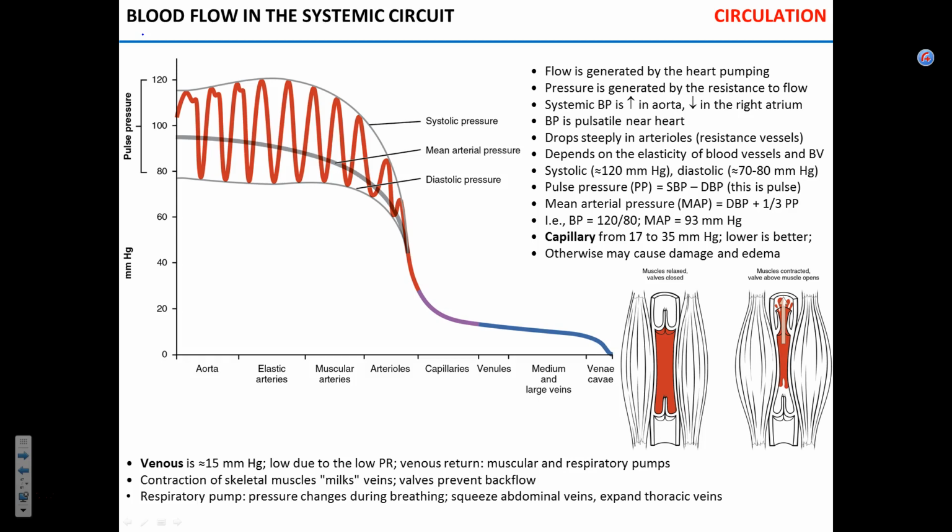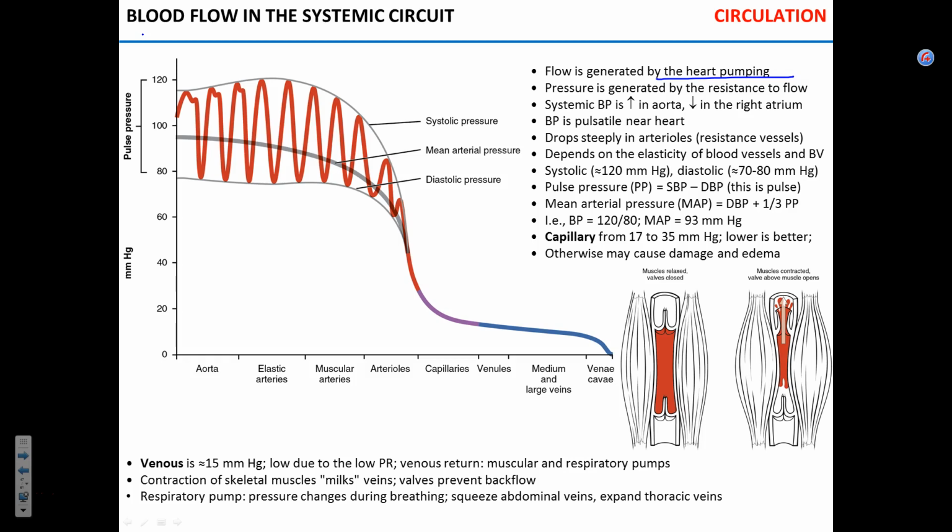Heart. So heart pumps. If there would be no resistance, would you have any pressure? No. No, you would have none. That make sense? If there is no resistance to the flow, there is no pressure. Okay? So resistance of the blood vessels generates the pressure.